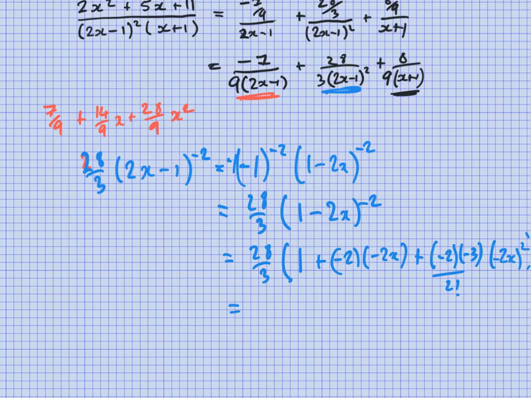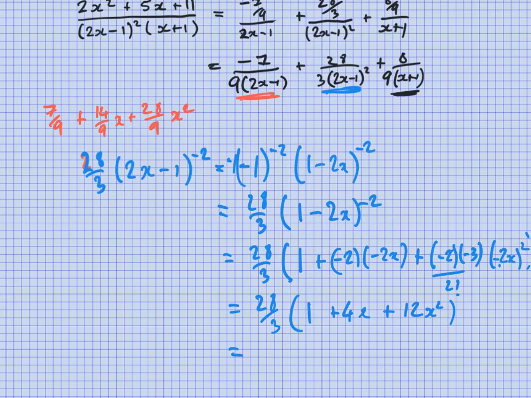Now, simplifying that, and don't forget the 28 over 3, I get 1 plus 4x. Now doing that calculation, those cancel. That's going to be plus 12x squared.